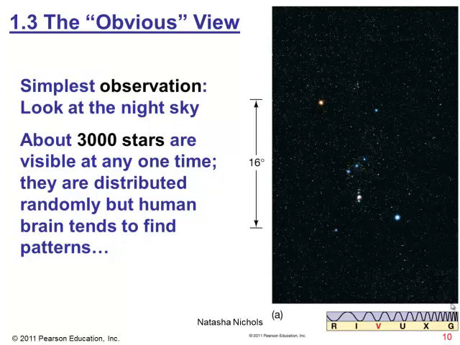The picture on the right, which was taken with visible light, shows the constellation Orion. Another name for that is designation M42.